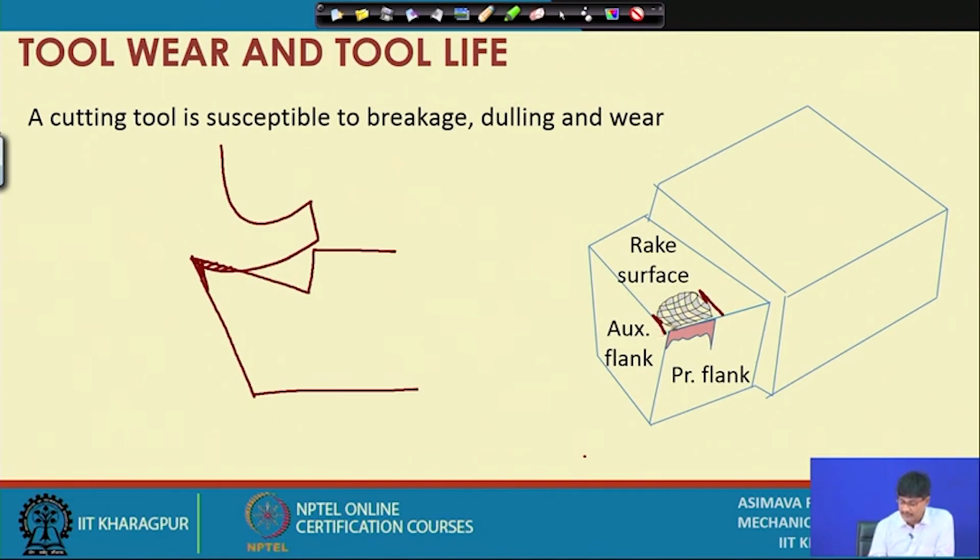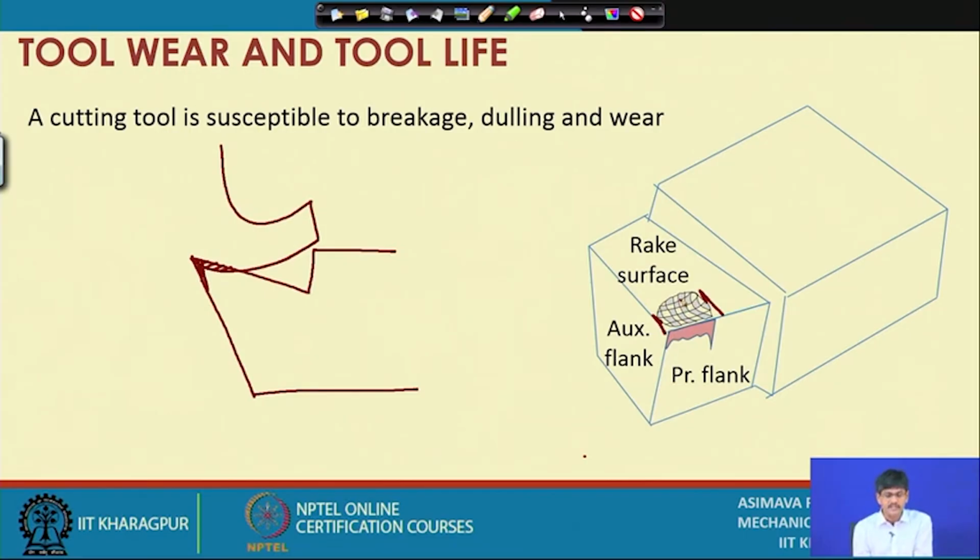And here I have tried to show a sort of crater like feature on the surface. So, this geometric feature is going down from the rake surface. Okay. It is a worn away crater.